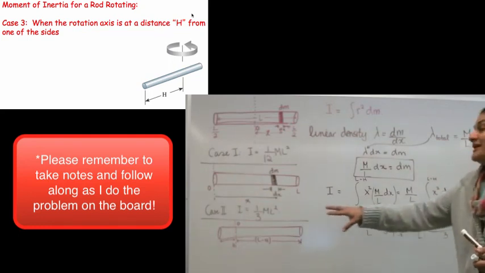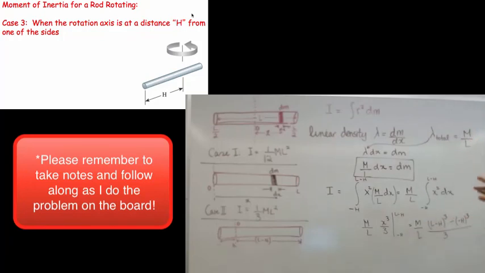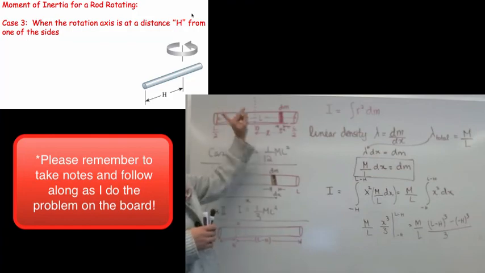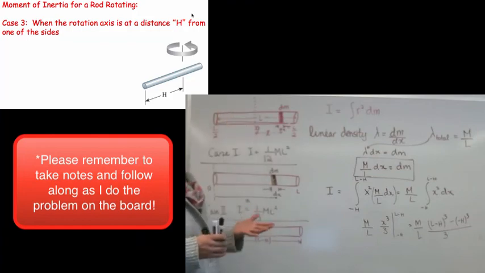Once you know what h is and how far it is, you can plug that number in and actually solve for it. So the thing I want you to notice about each of these is that it's the same rod in each of these cases, but depending on where the axis of rotation is, the moment of inertia is going to change. It is not going to remain constant.